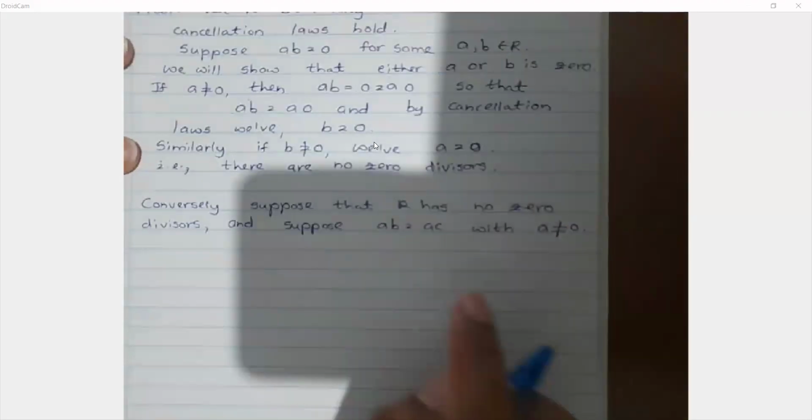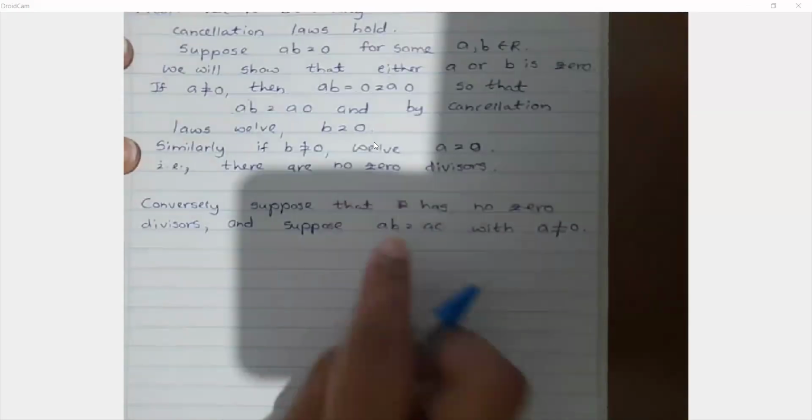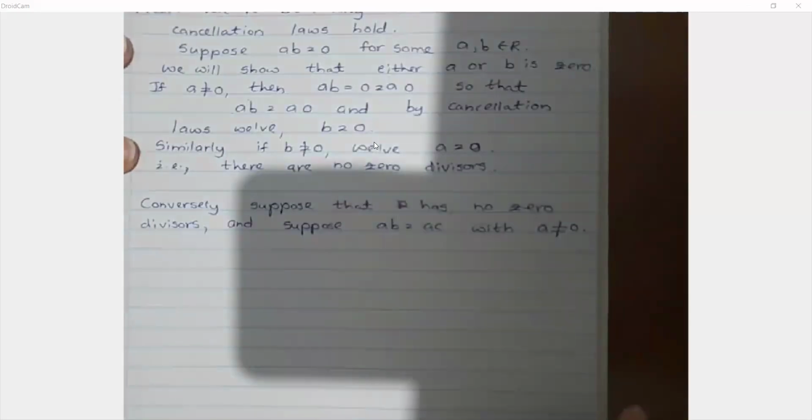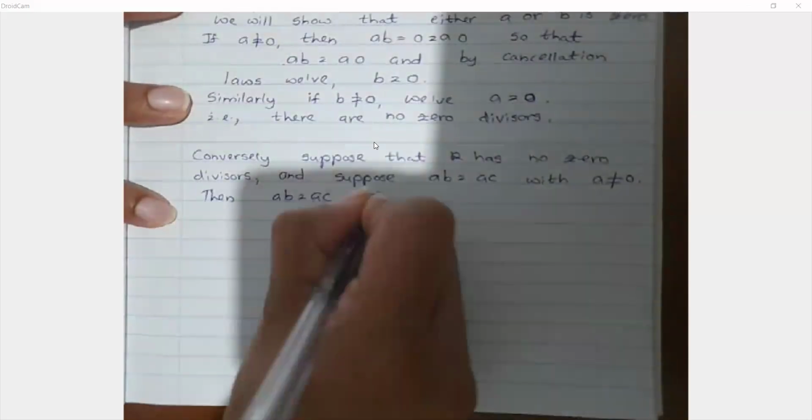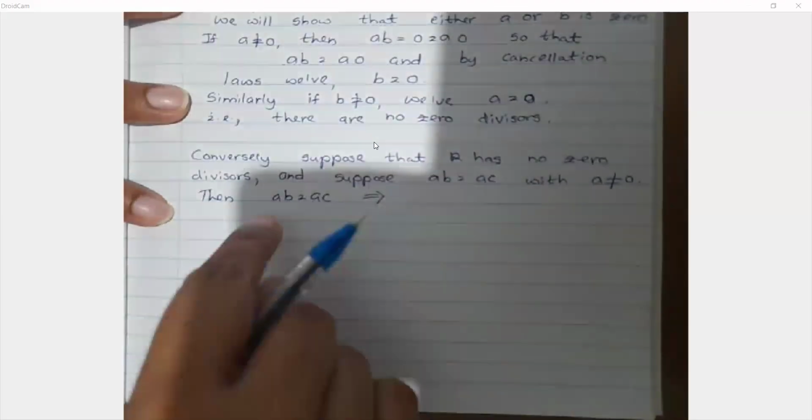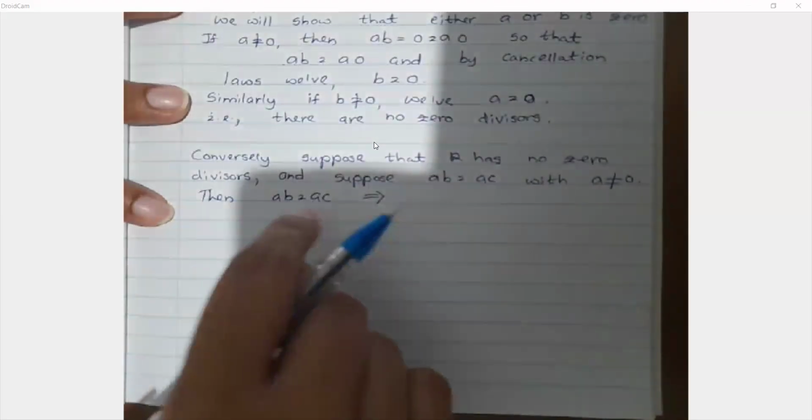We have to show that if this is the case, B is equal to C in order to prove that the cancellation laws hold. Then we go to AB equals AC. This implies that, because A, B, C are all elements in the ring, AB and AC are also elements in the ring. It's closed under multiplication. So the additive inverse of AC exists.